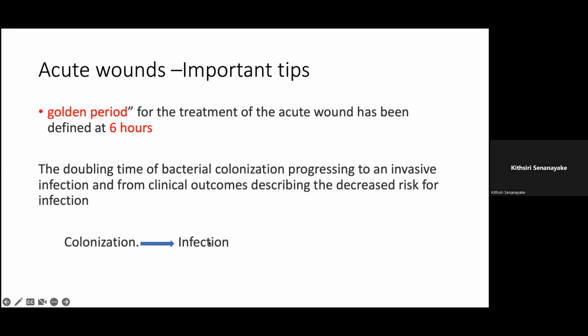Especially if you are dealing with surgical units, please do this. Please wash the wound properly within 6 hours, or basically as soon as you can. Because if you don't, these bacteria get colonized and then it leads to infection.